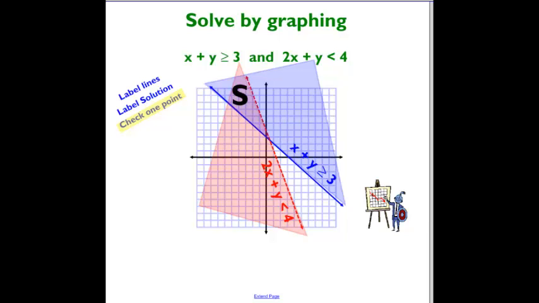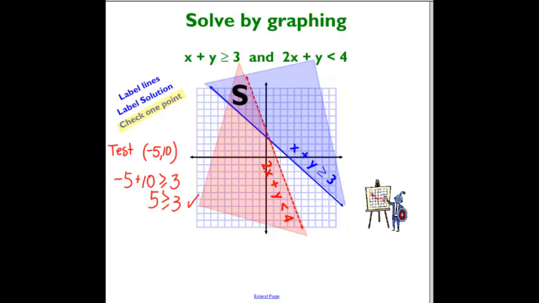Now, I always pick a pretty easy test point. So my test point was -5, 10. And it checks because -5 plus 10 is greater than or equal to 3. 5 is greater than or equal to 3.